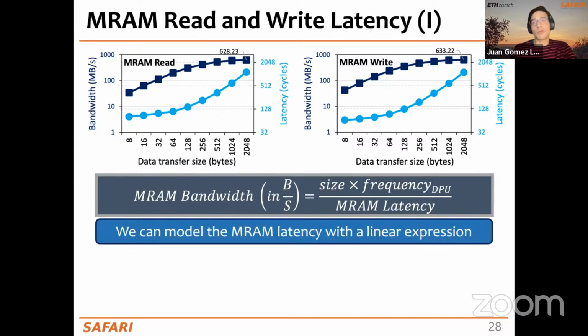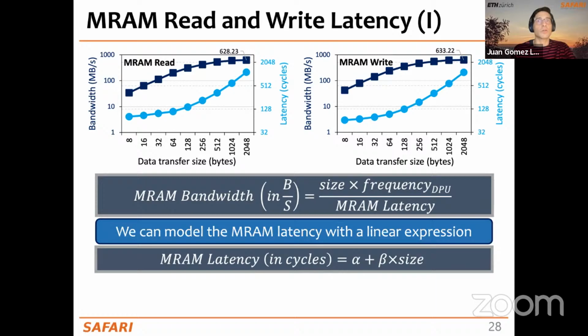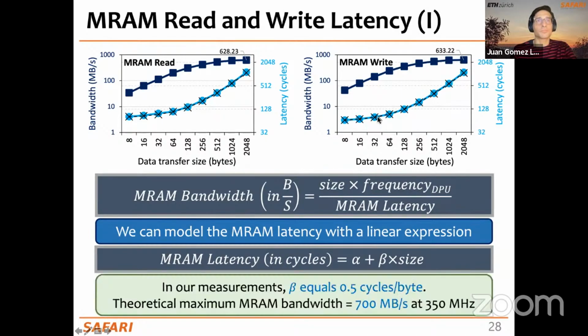And one thing that we observe as well is that we can model the MRAM latency that we measure with a linear expression that looks like this: alpha plus beta times size. And notice that our model matches pretty well our measurements for both MRAM read and MRAM write. According to our measurements and this expression, beta equals 0.5 cycles per byte.